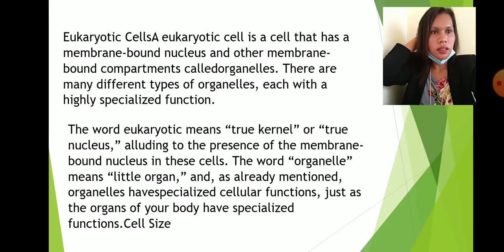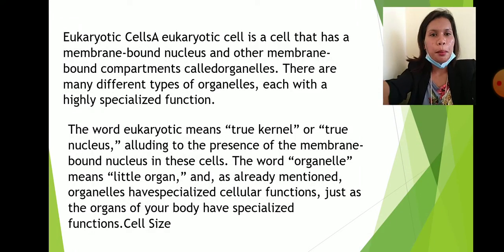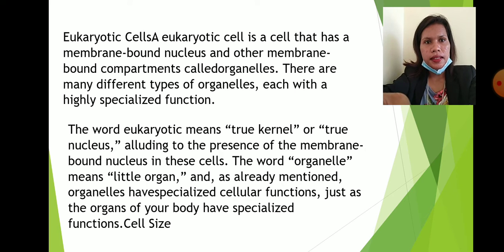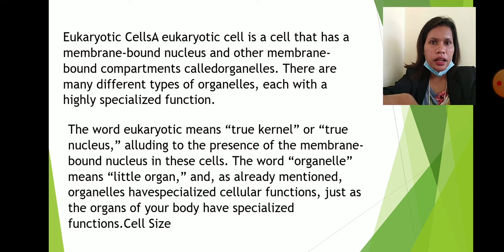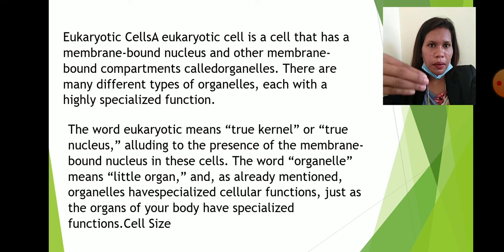Next is, guys. Prokaryotic cells and eukaryotic cells. A eukaryotic cell is a cell that has a membrane-bound nucleus and membrane-bound components. So, yan na nga, ang eukaryotic cell is may membrane siya, so nakapaloob siya, yung nucleus and components called organelles are many different.